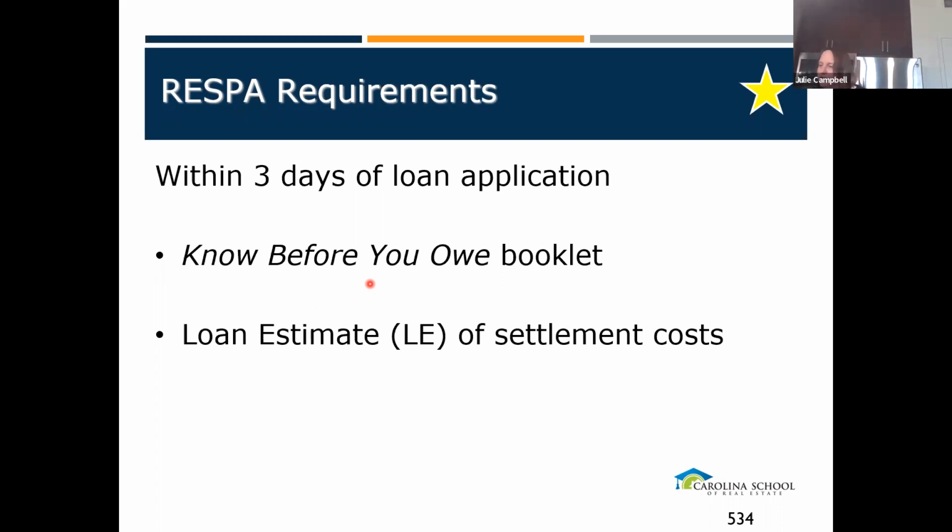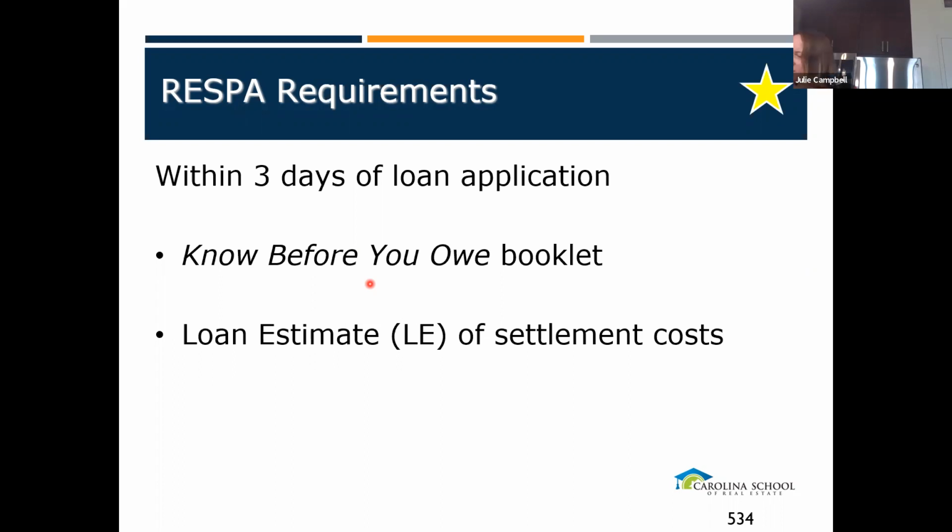So let's look, turn with me, if you will, to page 535. And what we're looking at on 535 is our sample loan estimate. Now, this is just a sample to give us an idea, but you can see there's the applicant information, there's the property, the sales price, and then we have the loan information.